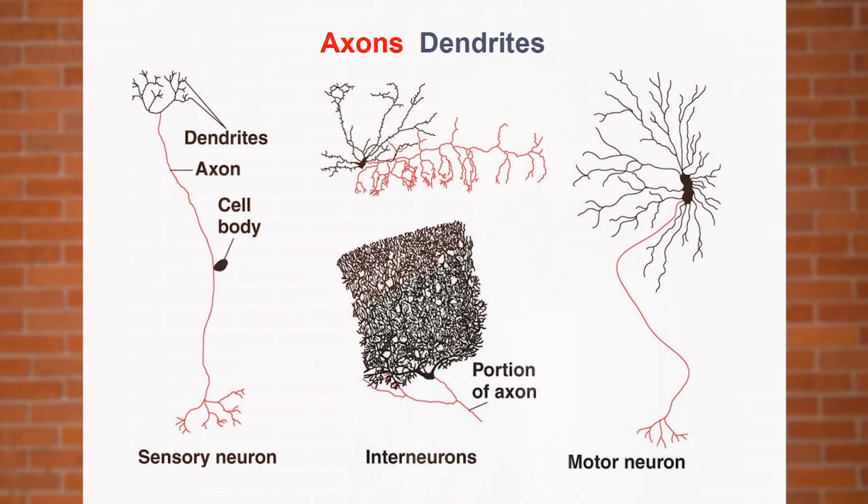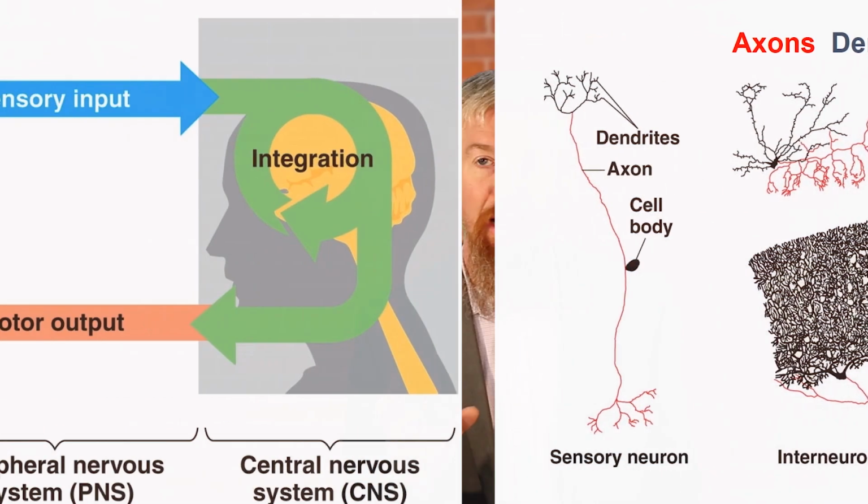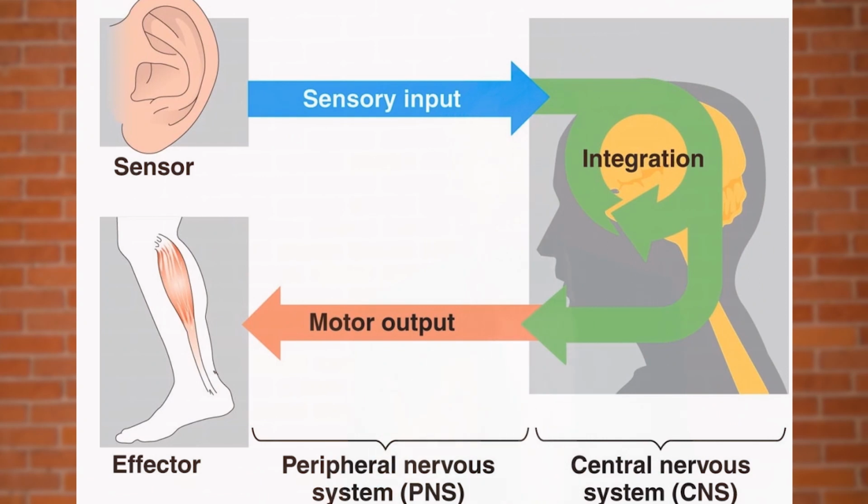Finally, we may have things like the motor neurons, which may take in information from a variety of other cells, but then convey that information to a few muscles. We can put those three main types of neurons into sequence to understand how they coordinate some type of response. So, for example, you may have some type of sensor.